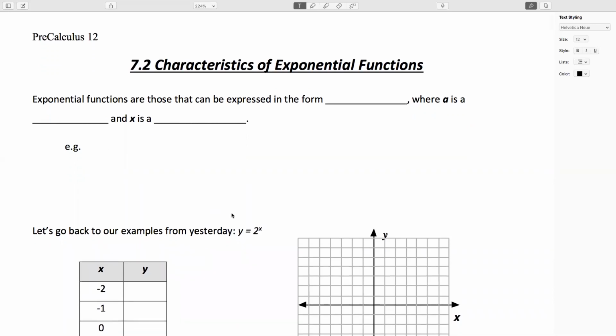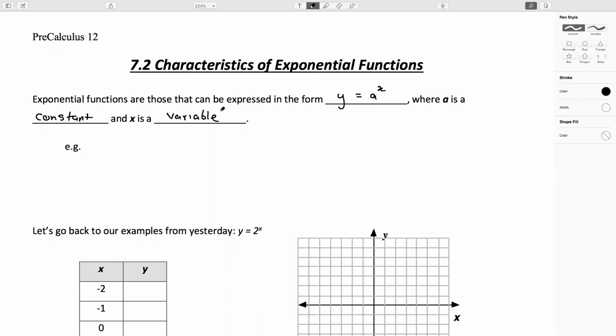First thing we should talk about is what an exponential function is, and then we'll focus on how to actually graph those functions. So exponential functions are those that can be expressed in the form y equals a to the power x, where a is what you'd call the base, and a is a constant, and x is your exponent, but x is the variable.